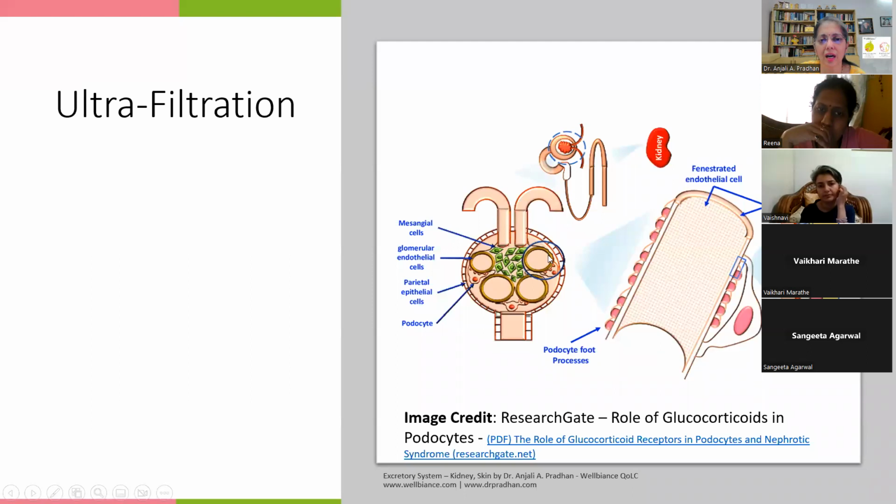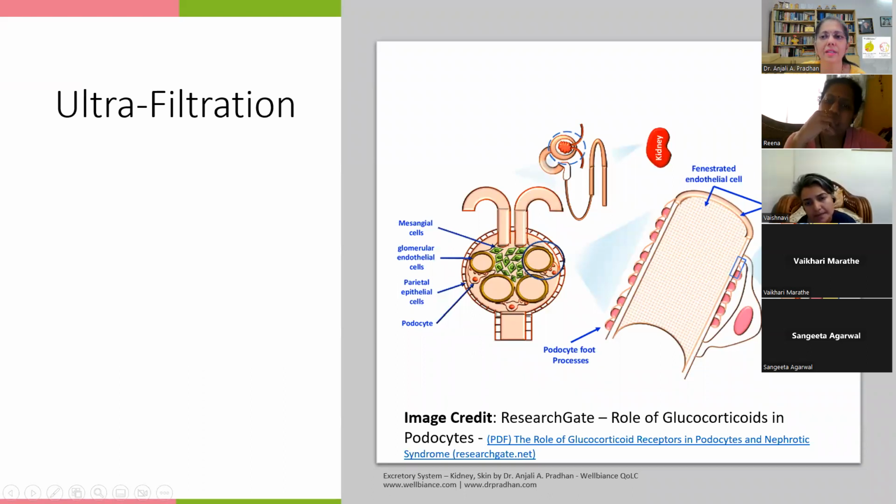Then comes the basement membrane, and these are the podocytes. This is a podocyte. These structures are called pedicles.